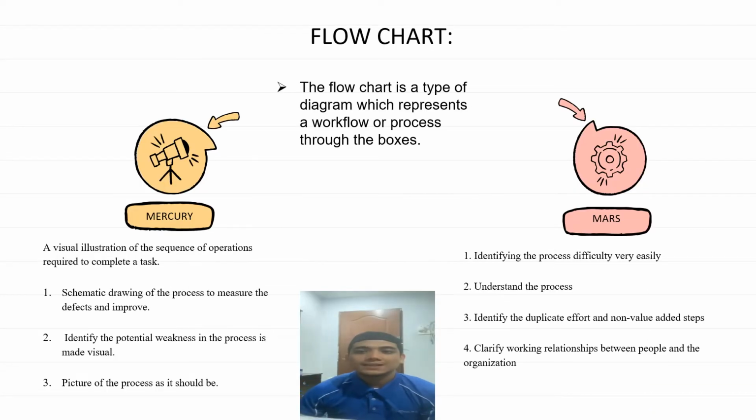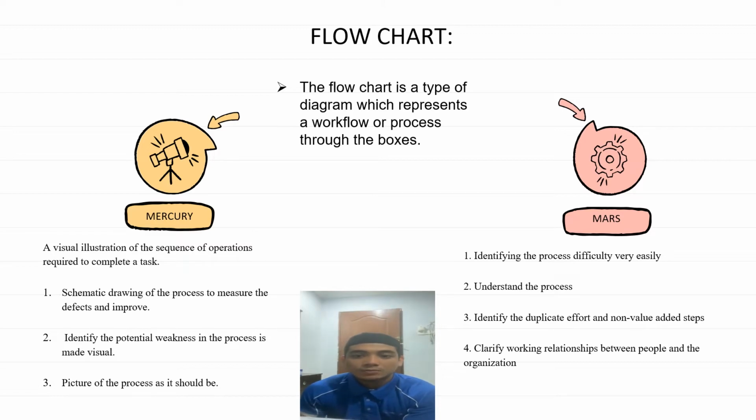Okay, next I want to present about flow chart. The flow chart is a type of diagram which represents a workflow or process through boxes. Number one, a visual illustration of the sequence of operations required to complete a task.